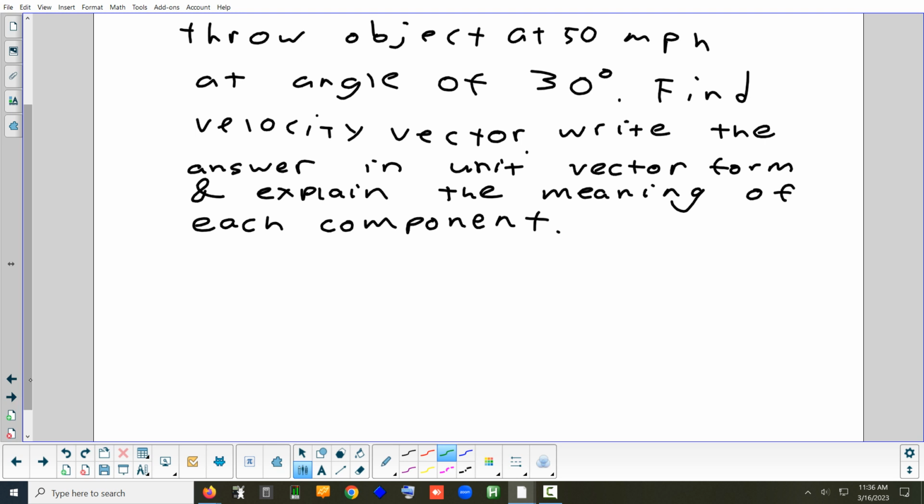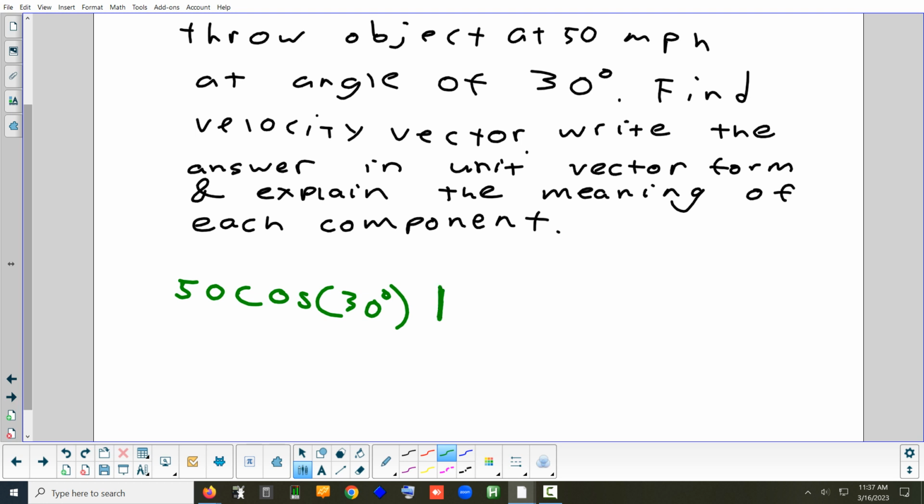Okay, so what's the speed? 50 miles per hour. Is that my angle or is that my magnitude? That's my magnitude. Magnitude of v times the cosine of, what's my angle? 30. And which component is that? 50 cosine 30?